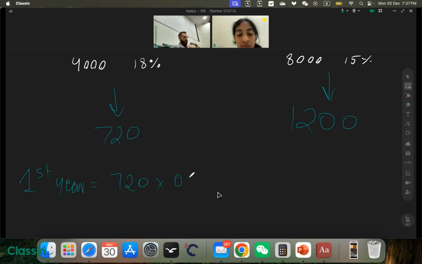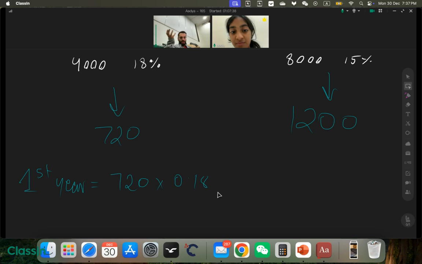The second one, 1,200. Is this correct? Why are you multiplying the interest by the interest? Why aren't you multiplying the interest amount with the interest rate?